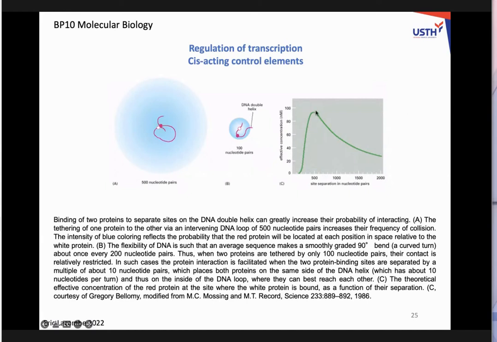And when the two sequences recognized by the proteins are further separated, the probability is slowly decreasing. But there was this very important drop in the probability of interaction when the distance got very small, because of mechanical constraints on the bending of DNA.